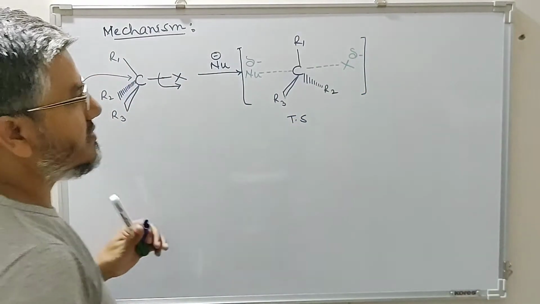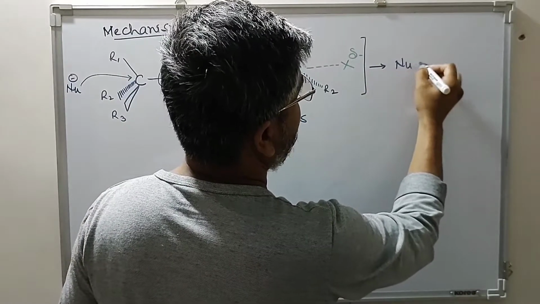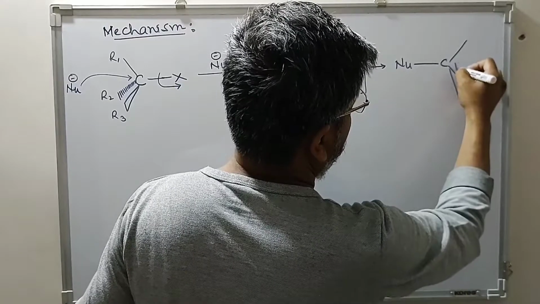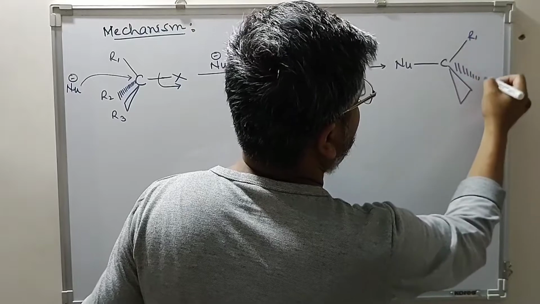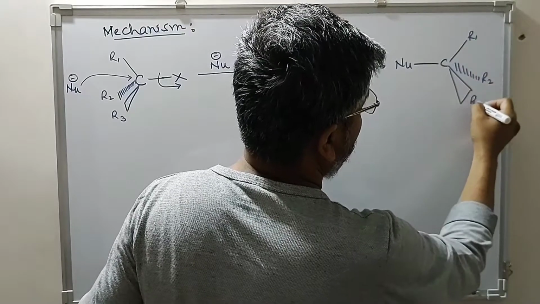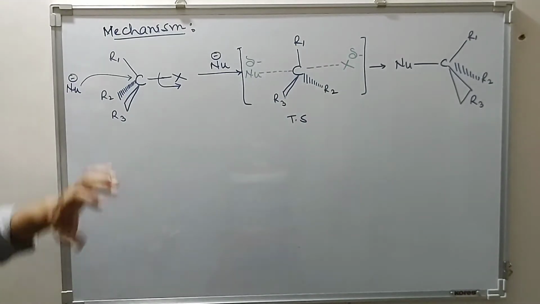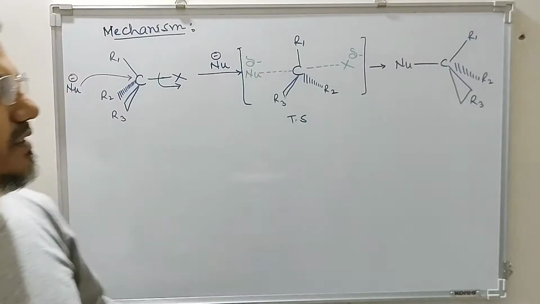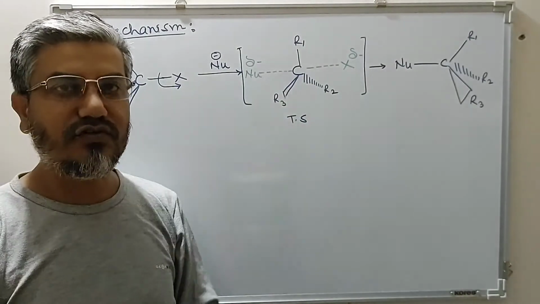Now finally this transition state is converted into the product. So we have this nucleophile. So this is R1, R2, R3. So if you look at this, the starting reactant and the final product, there is something like inversion, tetrahedral inversion.